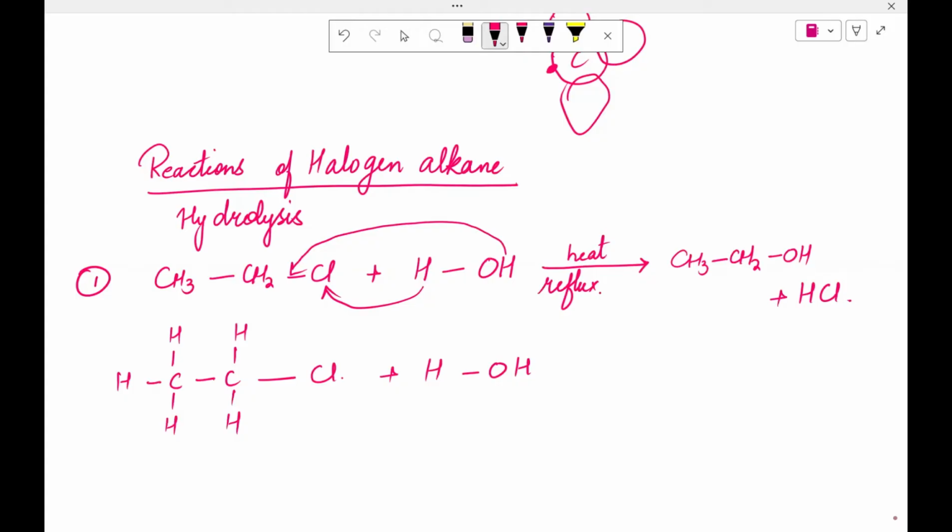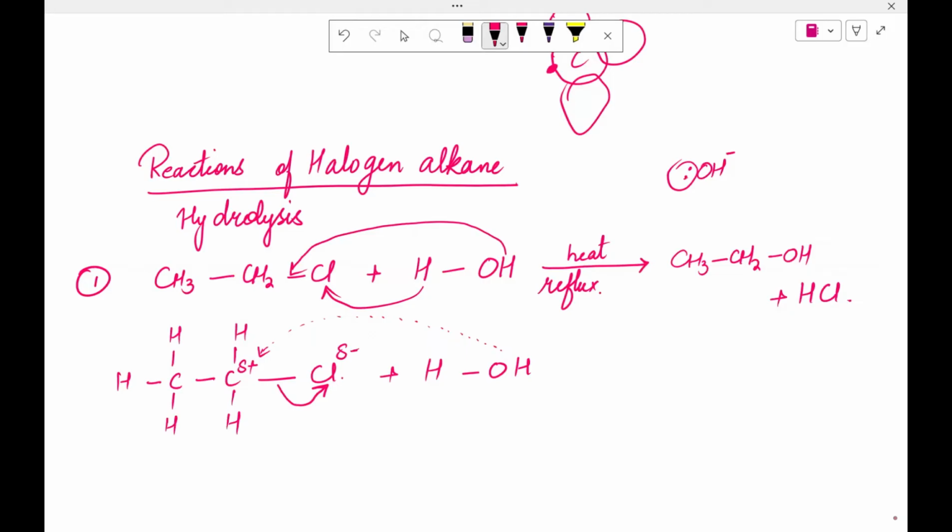We have already learned that OH is the one having negative charge with a lone pair, so carbon here is carrying partial positive charge, chlorine is having partial negative charge. So what is going to happen? This OH nucleophile is going to attack at this place, and this bond will move towards this place. Is that clear?